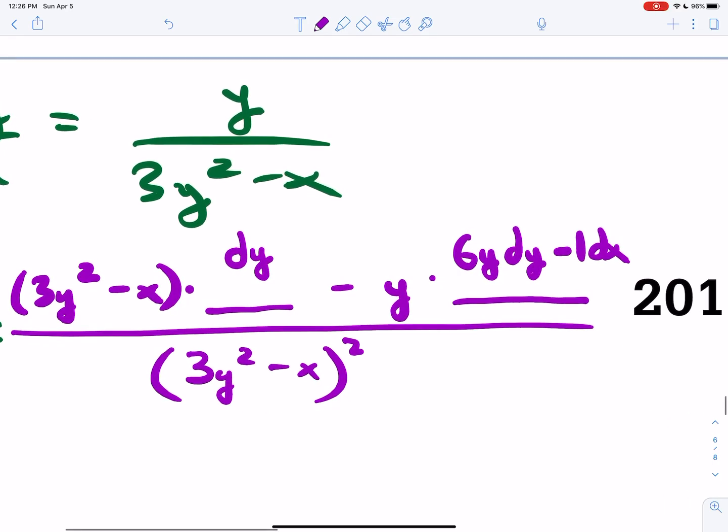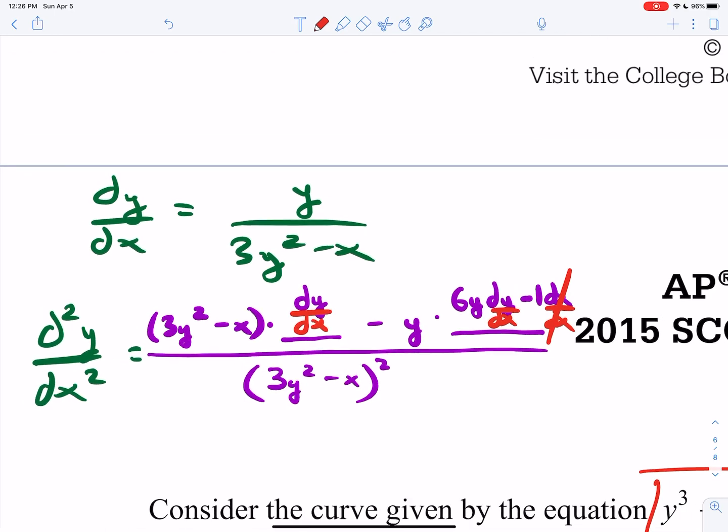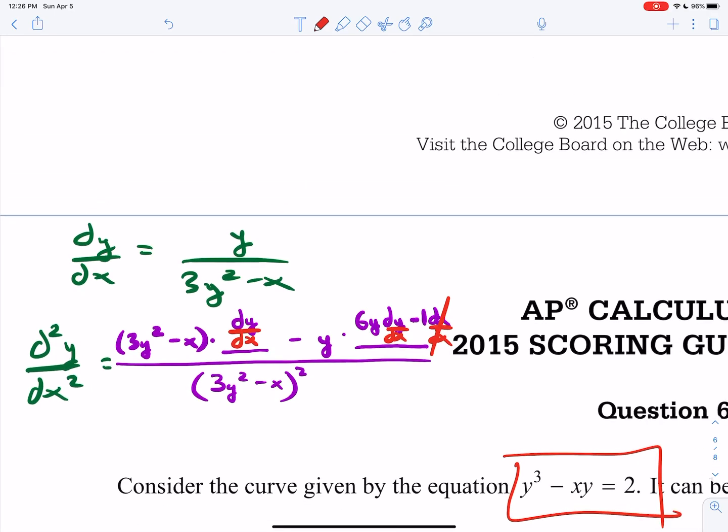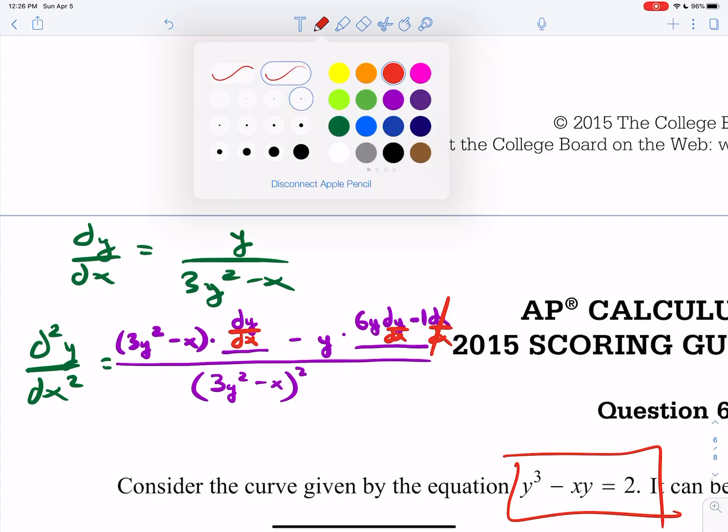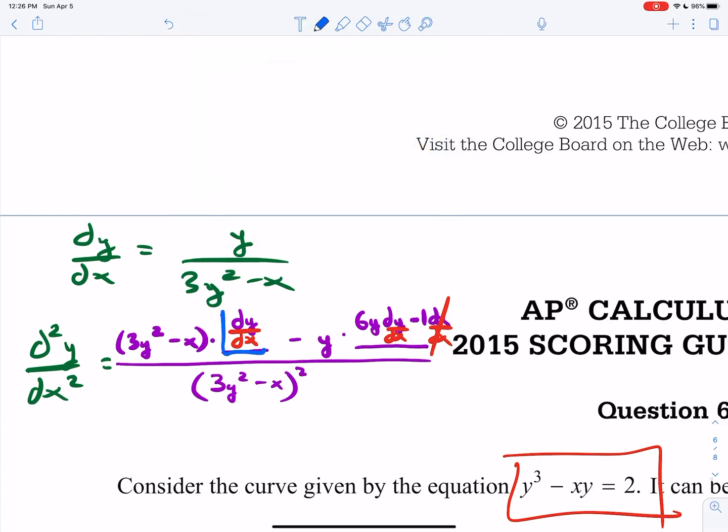I put a 1 there for a reason you'll see in a second. Now we've got to divide every differential by dx. Notice how these dx's go away. So the only thing you have to do now is replace your dy/dx's with what it is equal to initially.